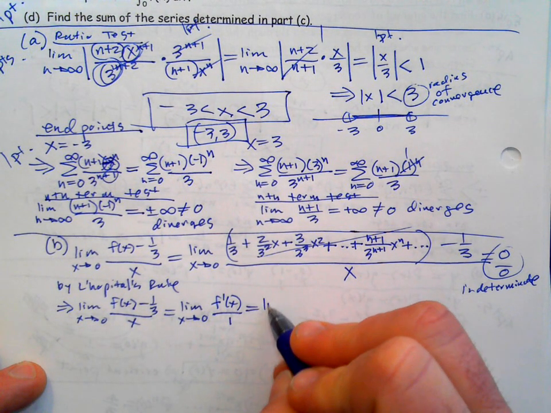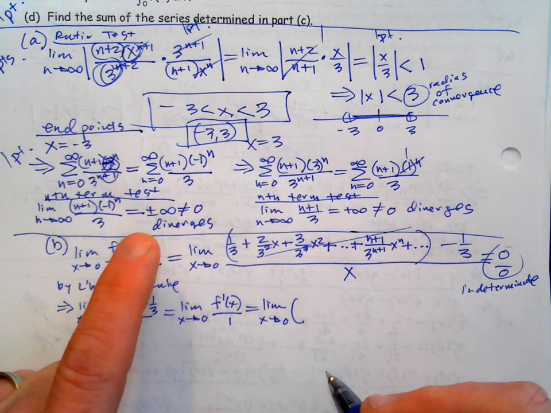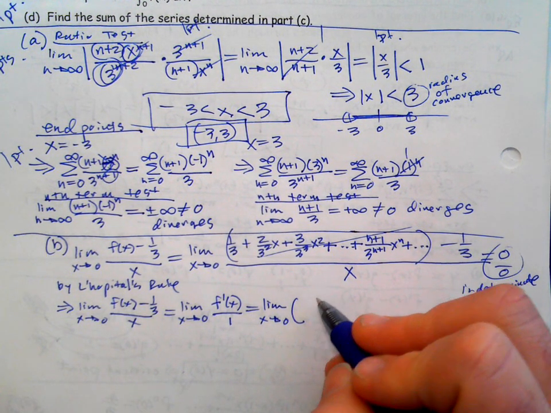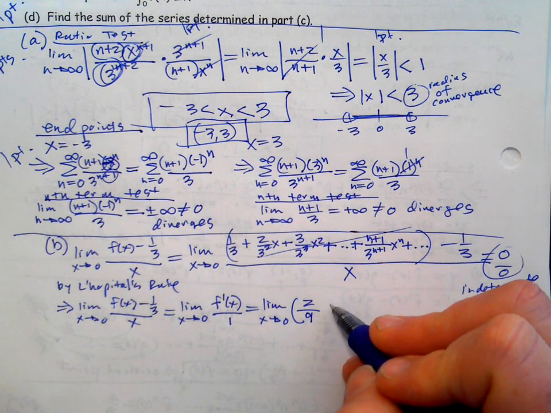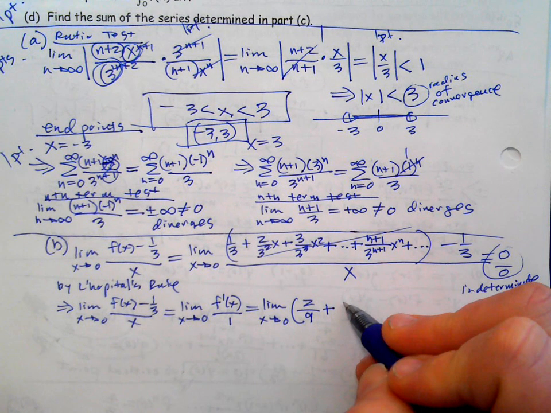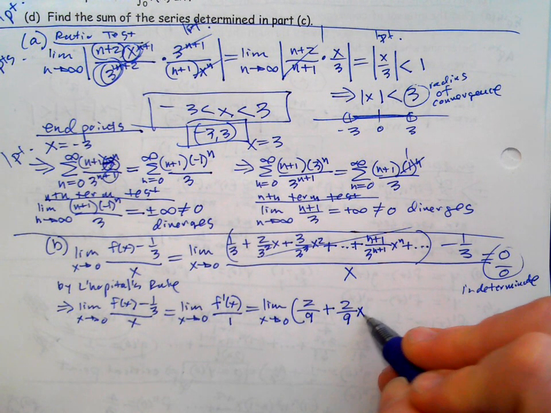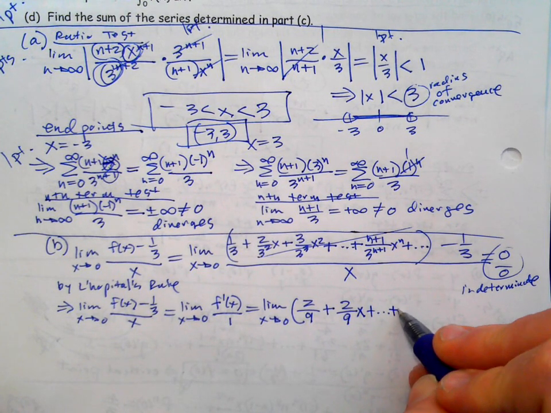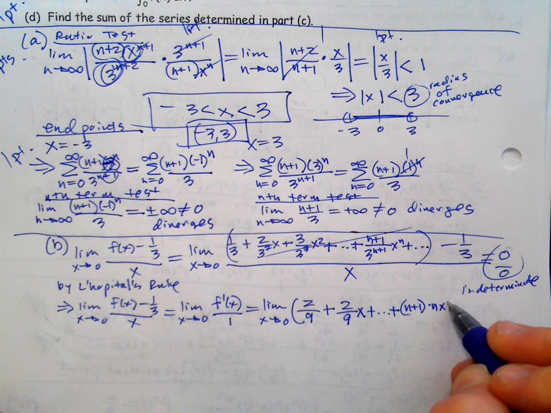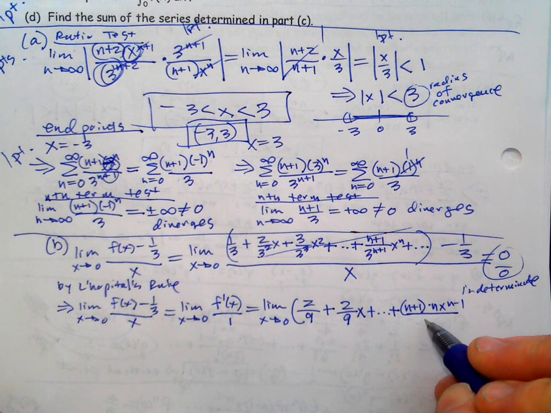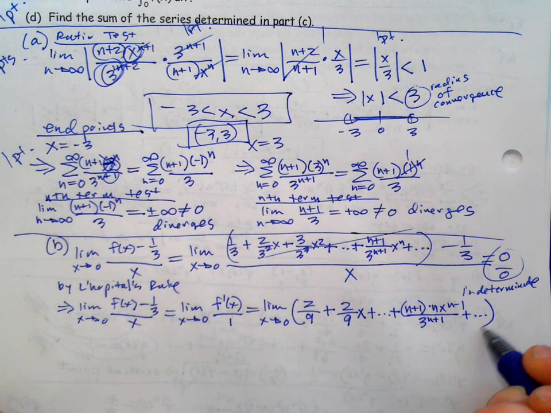which is going to be the limit as x goes to 0 of the derivative of f, which is kind of what we did last time. It's just basic derivative. It's going to be 2 over 9 plus 2 over 9x plus ... plus, and you can take the derivative here, n plus 1 times n x to the n minus 1 over 3 to the n plus 1 plus ... Okay.